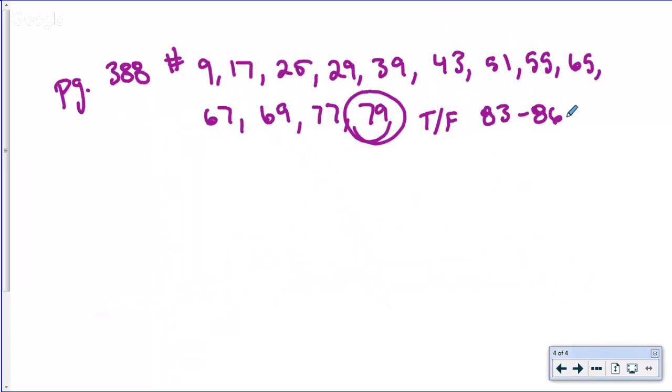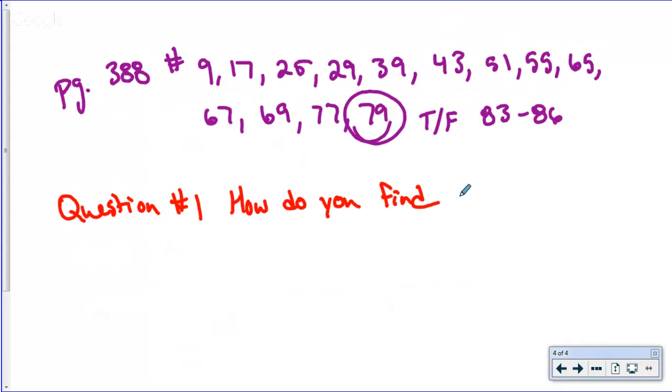And then your questions. Question number 1 is, how do you find x-intercepts of a quadratic?